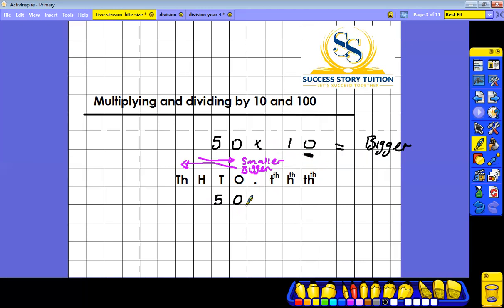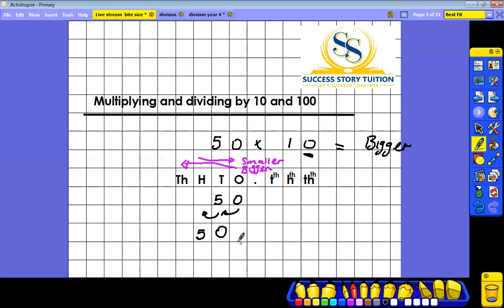That means we're only going to move our number towards the left one time. So my 50 is going to move just one time. That means my new 5 will come right here. Also, my 0 will just move once to the next place value. That means my 0 will now be underneath the tens.